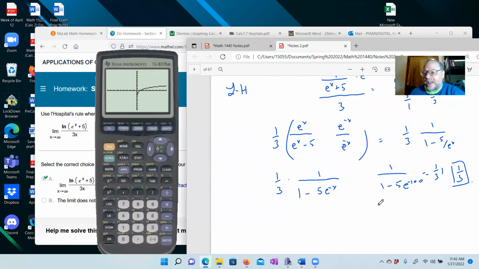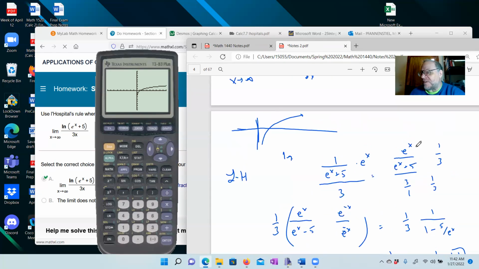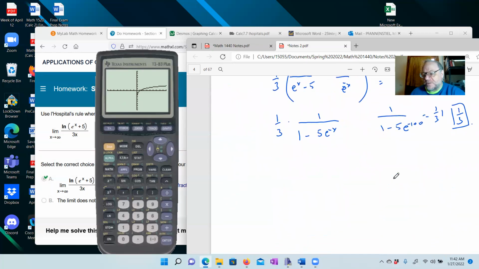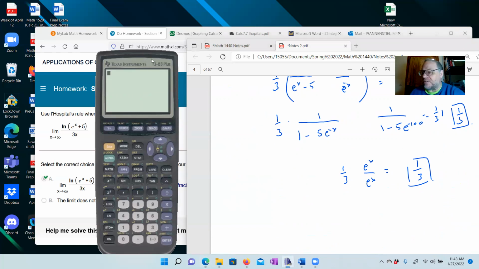So we're not going to do that. I mean, you could use it one more time. That would have been fine. But then you would get 1/3 e to the x over e to the x, and at that point you could probably see that's just going to be 1. We don't have to care about this. So it's just 1/3. There's a couple of ways to get around that and reason yourself through it, but those are 2 of the ways you could do that.